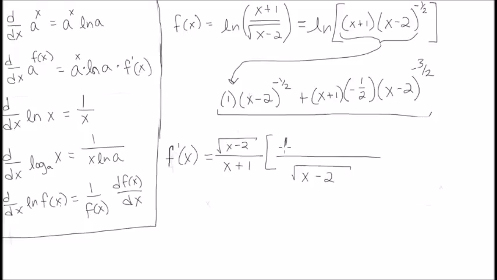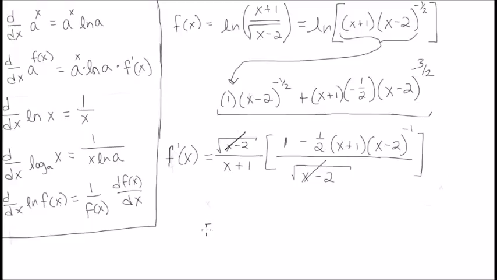On the top, I have 1 minus 1/2 times x plus 1 times x minus 2 to the negative 1 power. There are a lot of similar terms here, so I need to go ahead and keep simplifying. Notice that my x minus 2 square rooted cancel one another out. I also notice that I have this obnoxious x minus 2 to the negative 1 term, and I want to bring it down into the bottom.